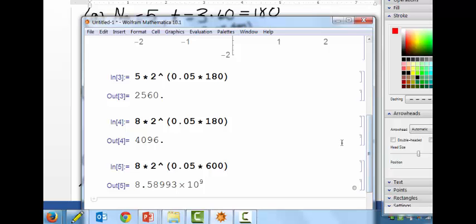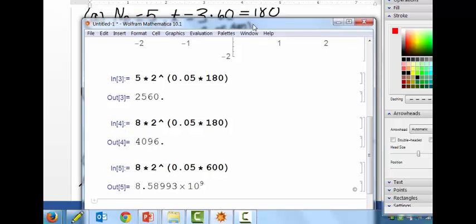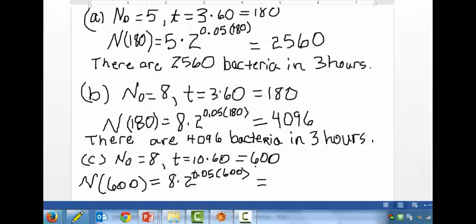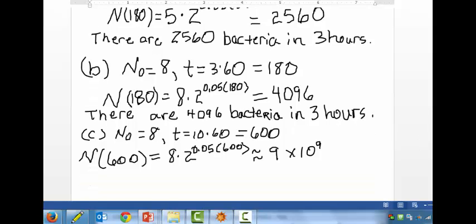And notice I'm in the billions of bacteria now, just by letting time increase to 10 hours. So 7 additional hours takes me into billions of bacteria. So this is approximately 9 times 10 to the 9th.